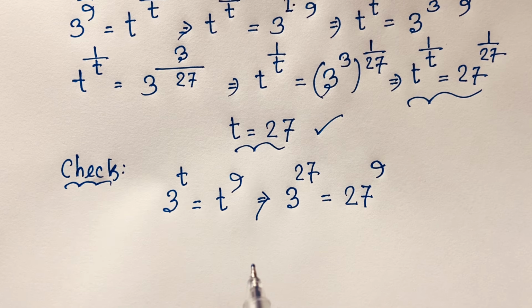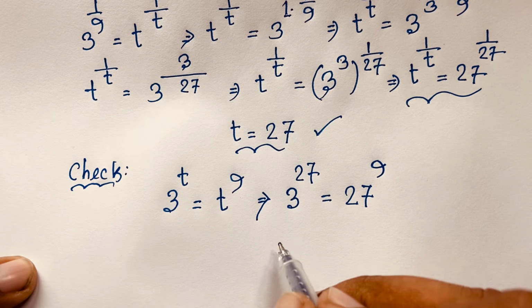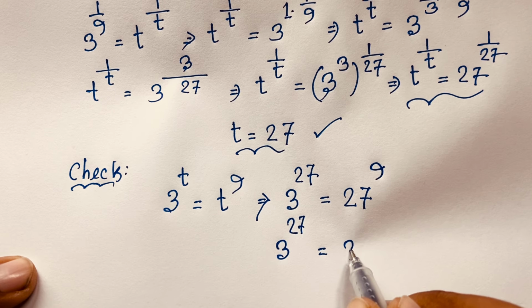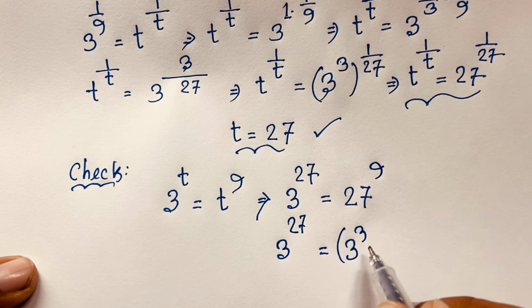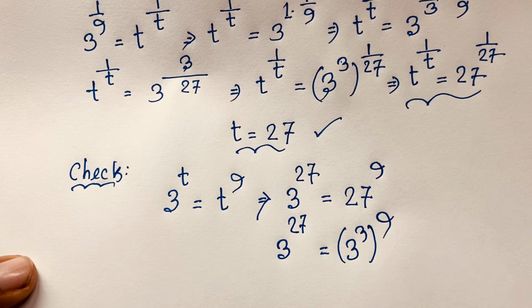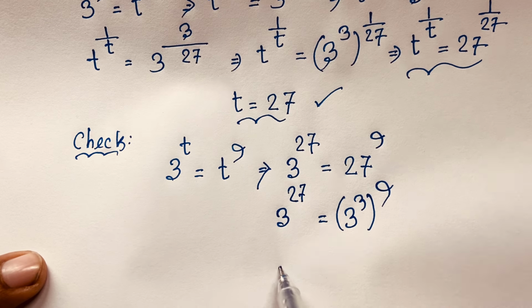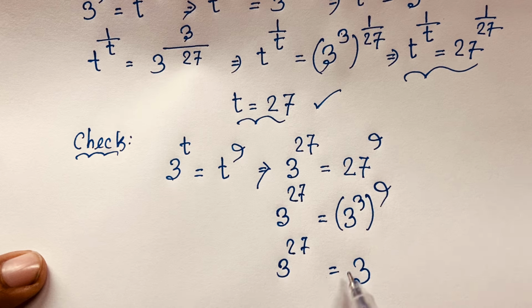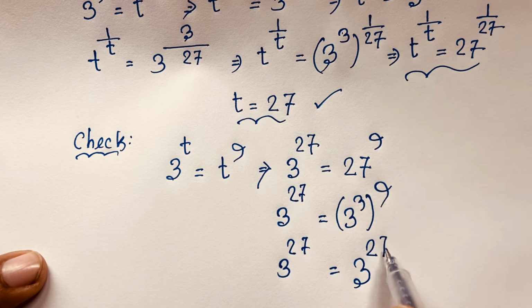Now, at this moment, you can see here 27 will be 3 to the power 3, bracket, power 9. Now, this is 3 to the power 27 is equal to 3 to the power 3 times 9. This is 27.